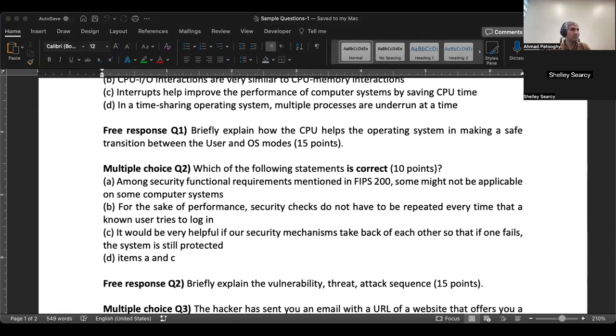Okay, let me go to here. If you remember, this is the principle that I'm talking about. We said layering, and it's a security principle which says it's good to practice it.